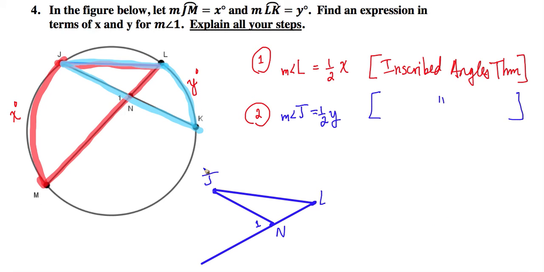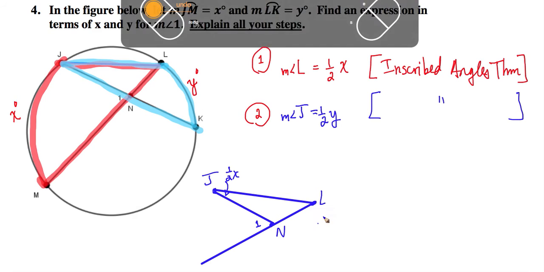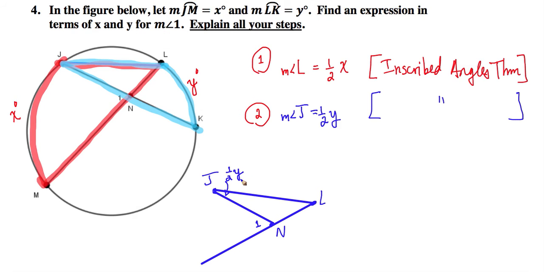And let me label this stuff too. Angle J here is 1/2 y, and angle L here is 1/2 x.